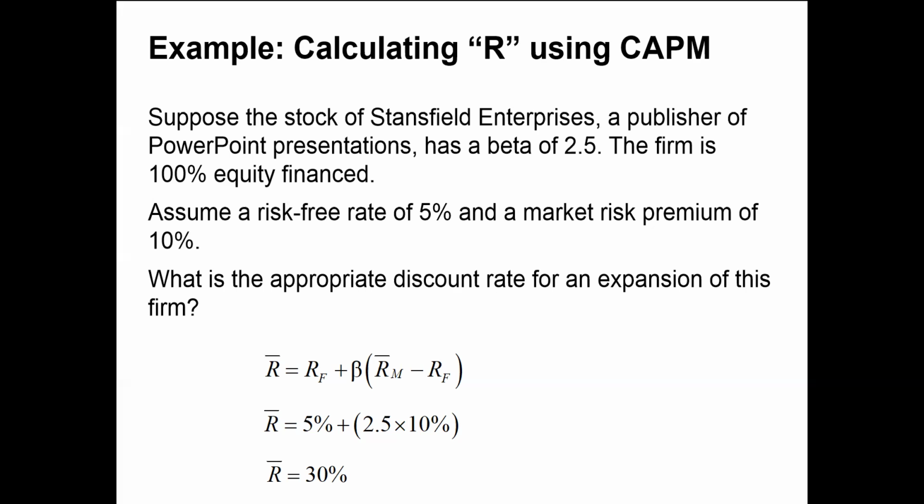All right, let me explain the advantages and disadvantages of this approach. The advantage of this approach is, first of all, that it explicitly adjusts for risk, right? Because one of the important components of the CAPM is the market risk premium. This approach is talking about the risk as well as the return, right?